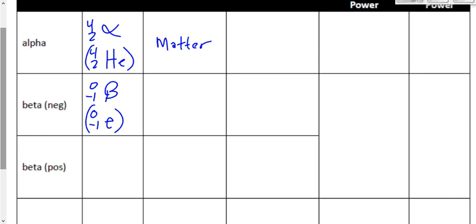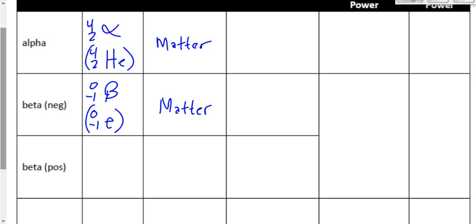Now, this begs the question, how do we get an electron ejected from the nucleus when there are no electrons in the nucleus? We'll talk about that in a couple of minutes. For the time being, we're going to identify beta particles or electrons as matter. They have mass, they're matter.